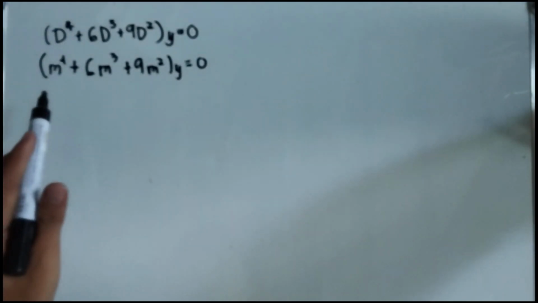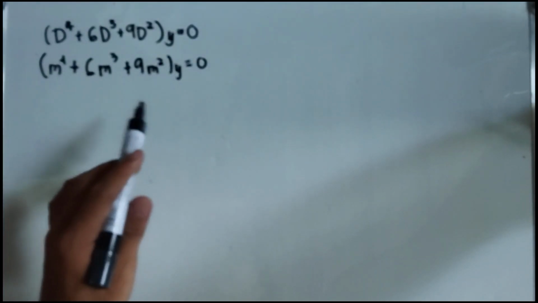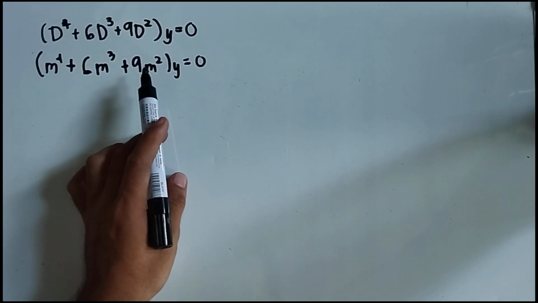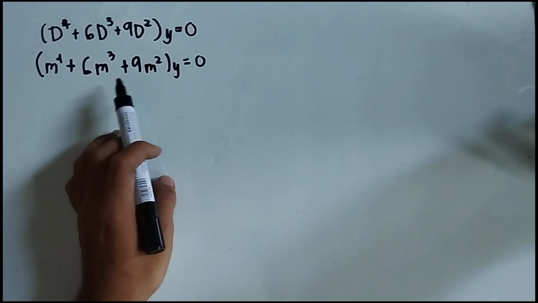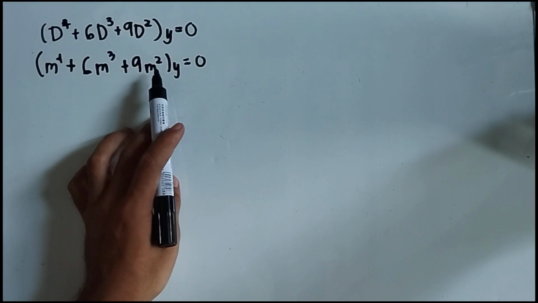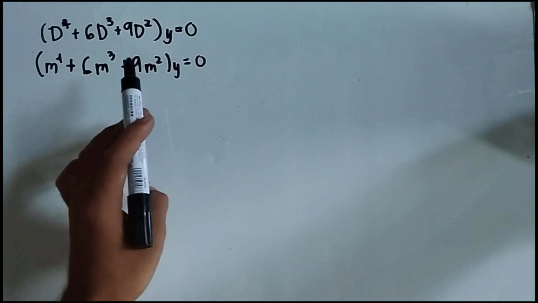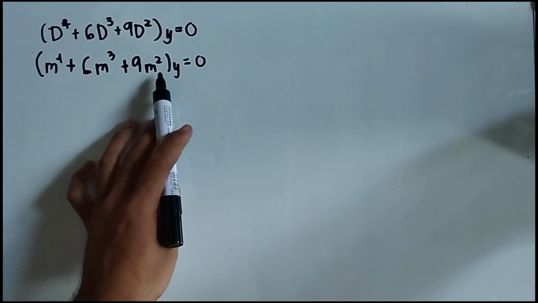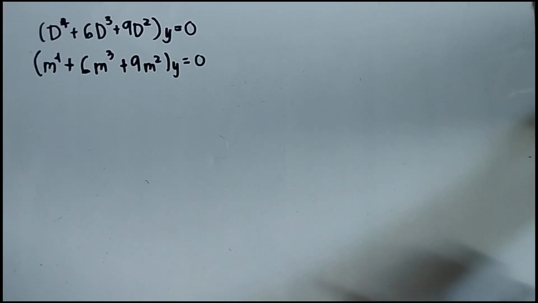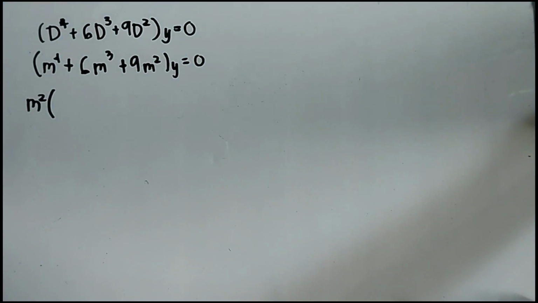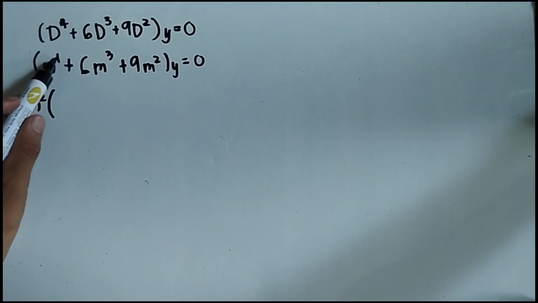As you can observe here, the lowest exponent of m is squared, so we can factor out the m squared. So we have m squared times, we're gonna subtract 2 from each exponent.